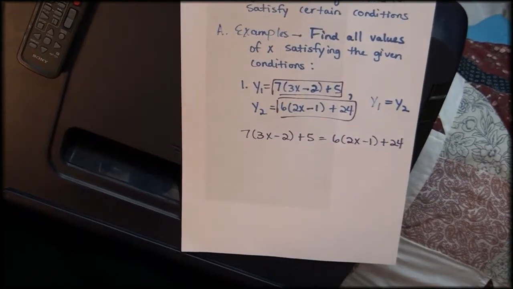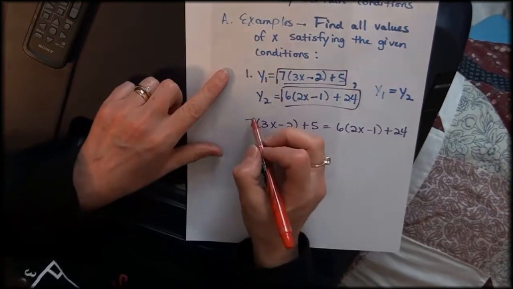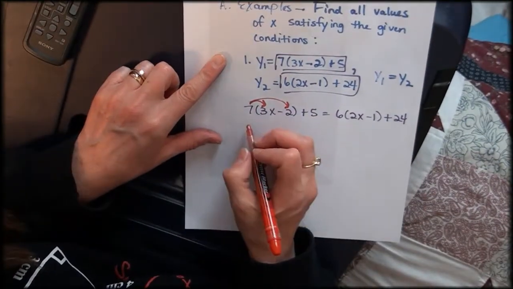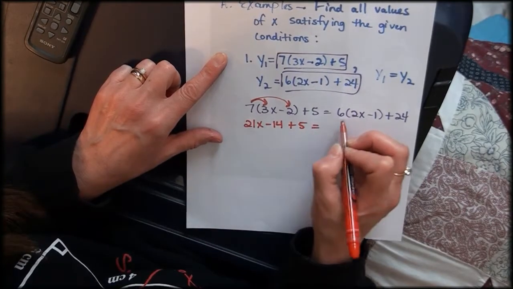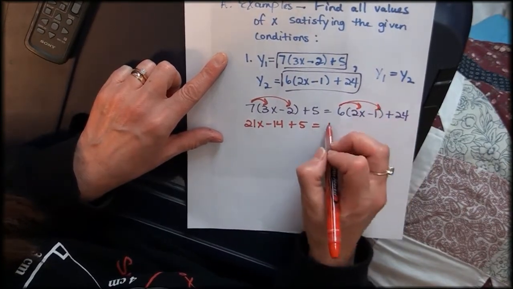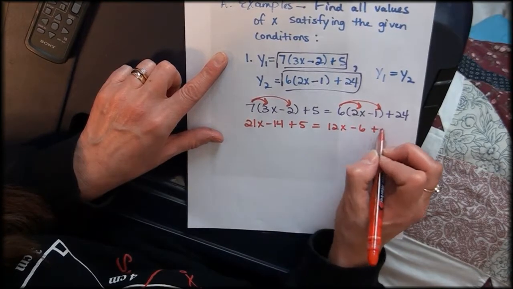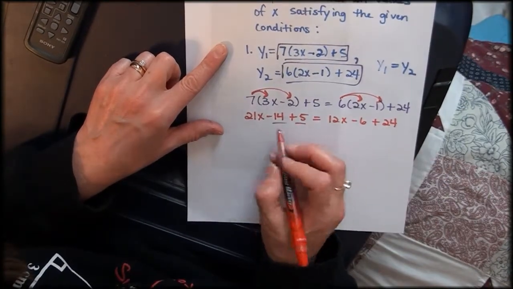And we know that to solve this equation, we have to distribute. Remember, only distribute up to the parentheses. Don't distribute beyond the parentheses. Distribute here. Combine up the like terms.